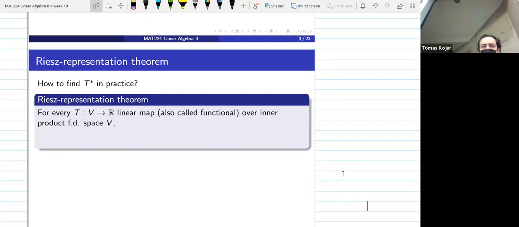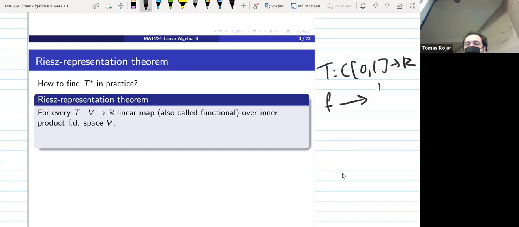So let's chat about this result, starting with functionals. The most common functional is the integral functional. Let's say on continuous functions from [0,1] to R, it's the integration: take f to its integral.